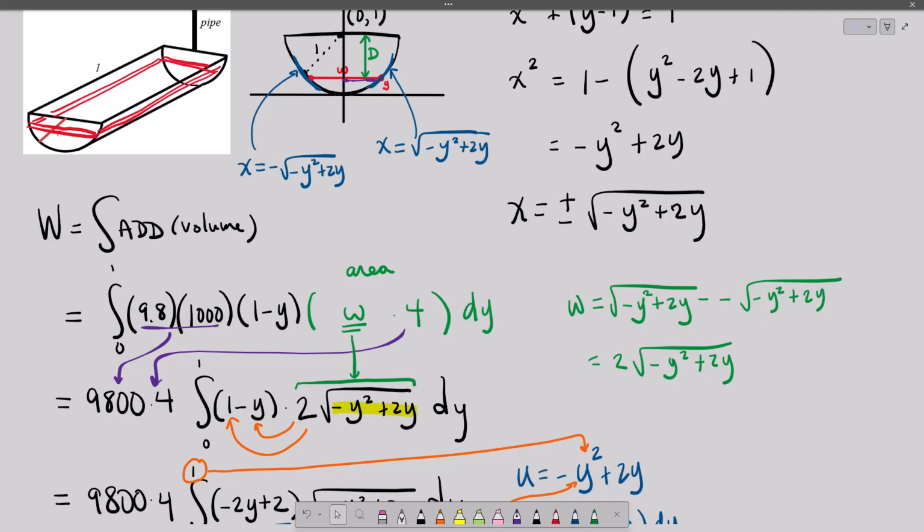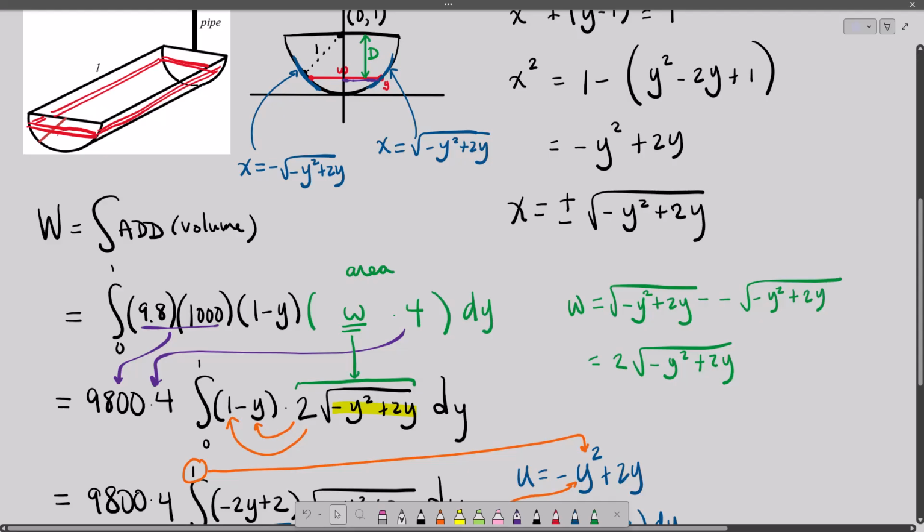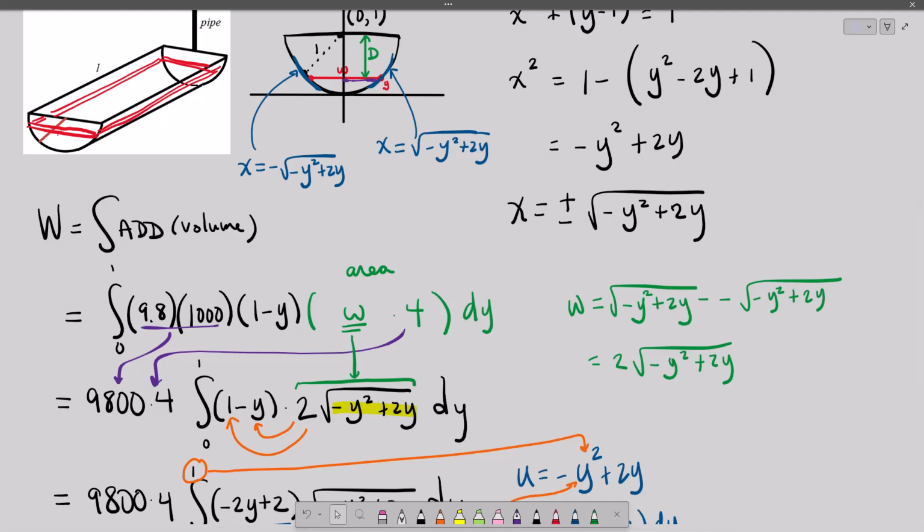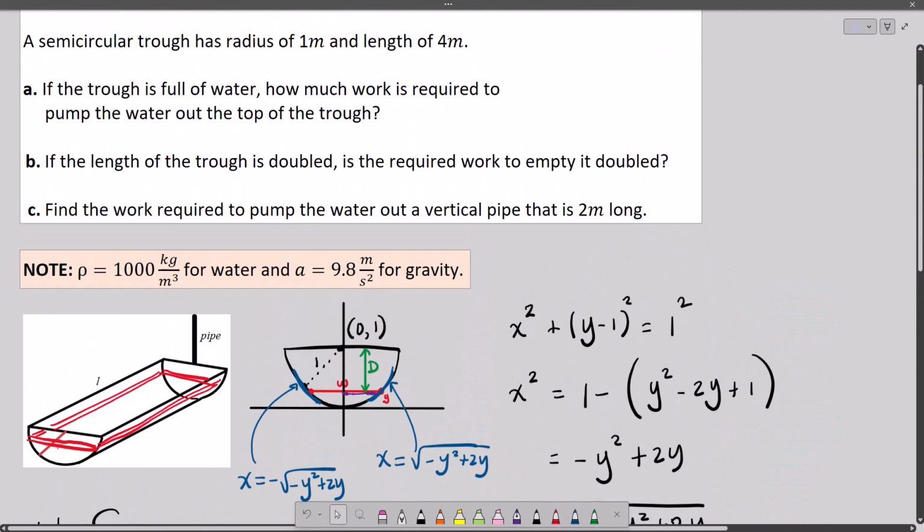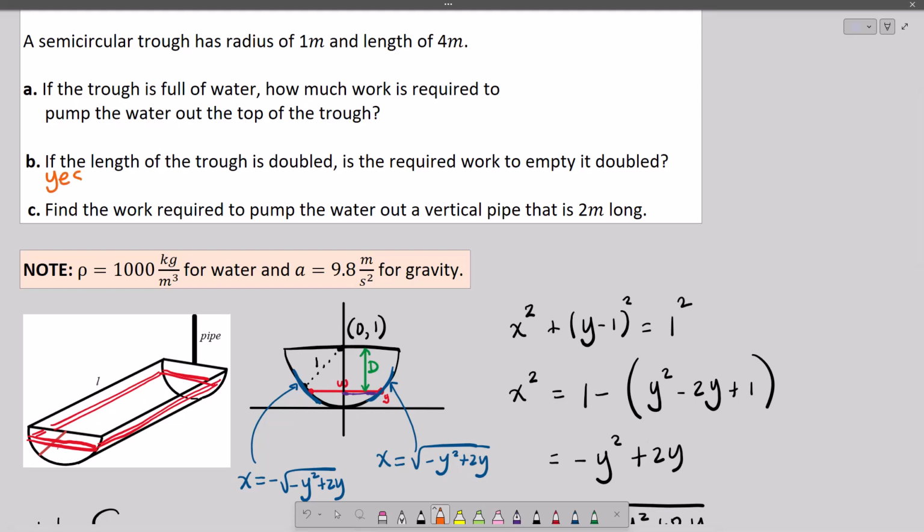Doubling the length didn't change the height. The height is the thing that's variable. That's the thing where you get the minus y, the 1 minus y here, right? But the length is just this constant of 4. So if it's doubled to 8, the 8 comes out in front, and you've just doubled the 4. So this will be a yes.